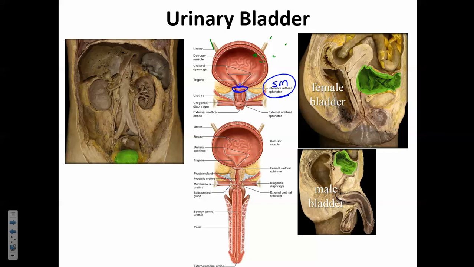This is the internal opening. There's the external opening. The opening is called an orifice. Okay, and the internal urethral sphincter is surrounding the internal orifice. That makes sense, and it's smooth muscle. The external sphincter in females is skeletal muscle, and it surrounds the external opening. That makes sense. And both of those have to relax when urination occurs.